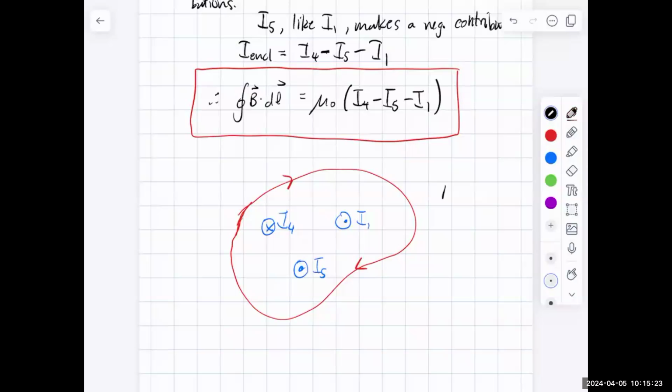Okay, so the right-hand rule for Ampere's law is going to be: curl the fingers of your right hand in the direction of integration.